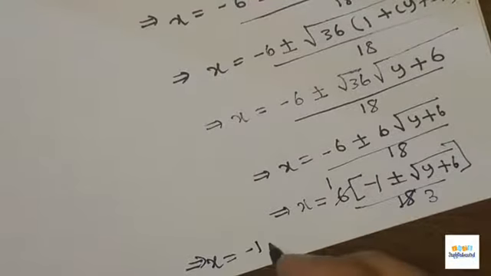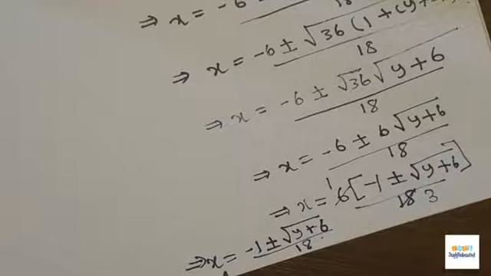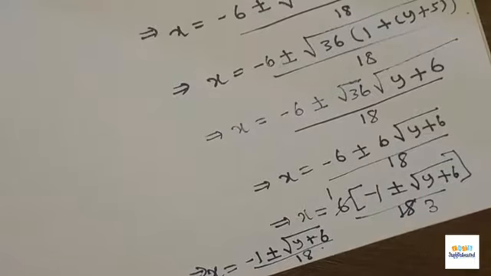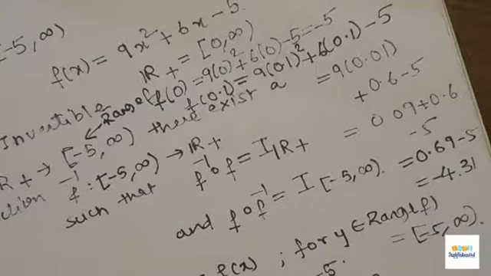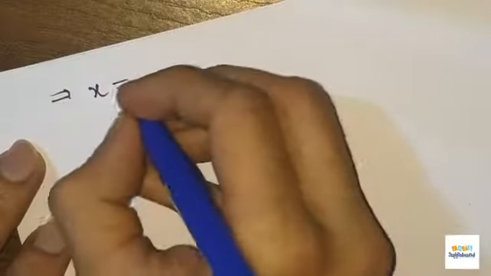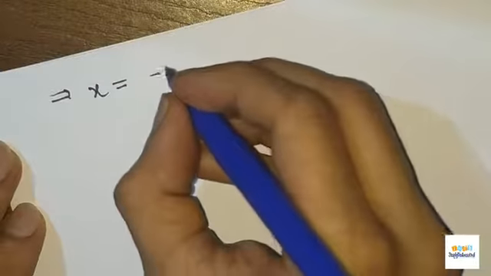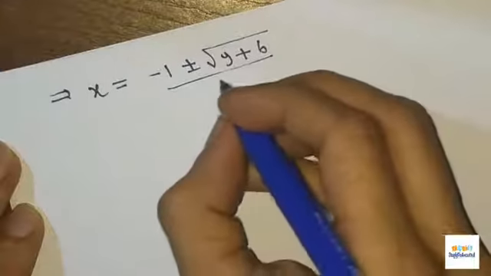So you will get x equal to minus 1 plus or minus root of y plus 6, divided by 3.